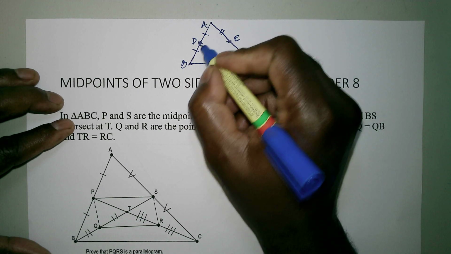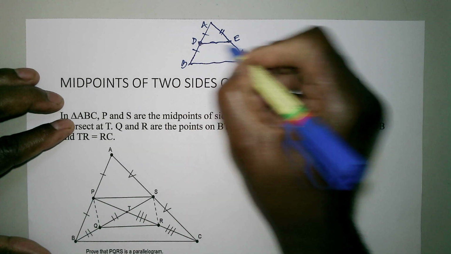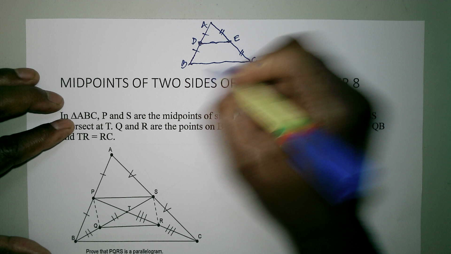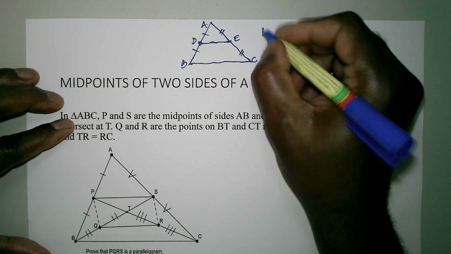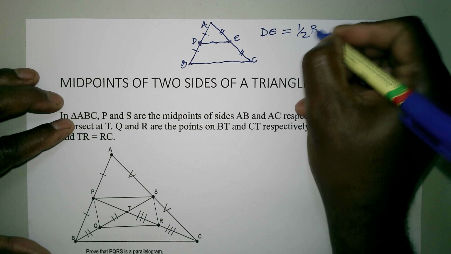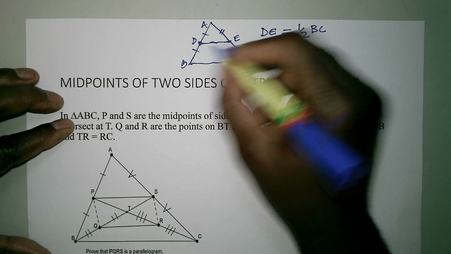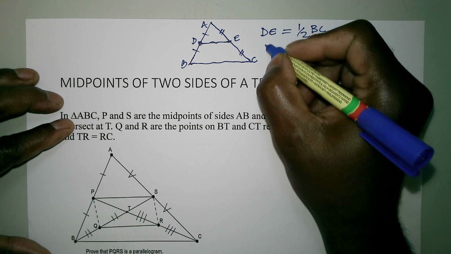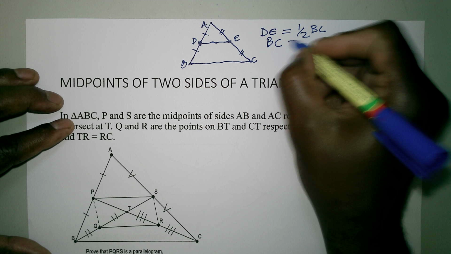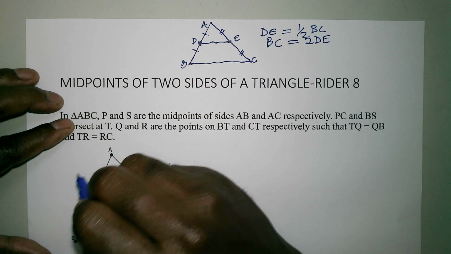So we were able to show that once we join the two midpoints with a line segment, the line segment will be equal to half of BC. DE will be half of the third side, or we can say BC will be equal to double DE.